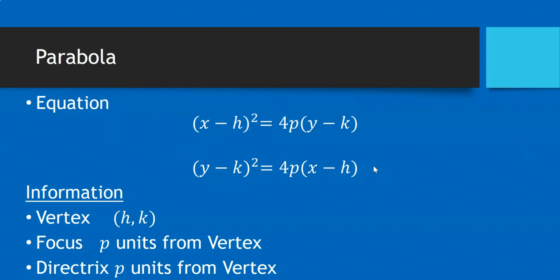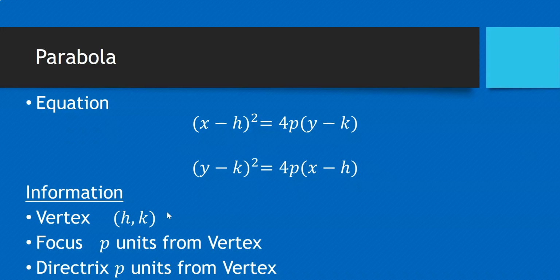Now, the reason we have these two different types of equations is because you'll notice in the top type of equation, the x component is going to be squared, while the y component is not going to be squared. And it's the exact reverse in this second type of equation.